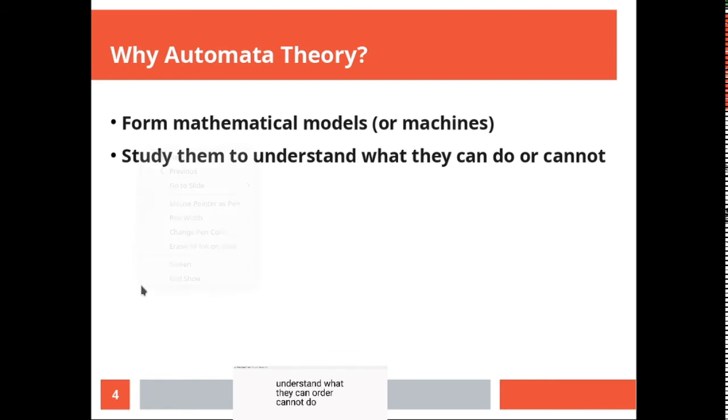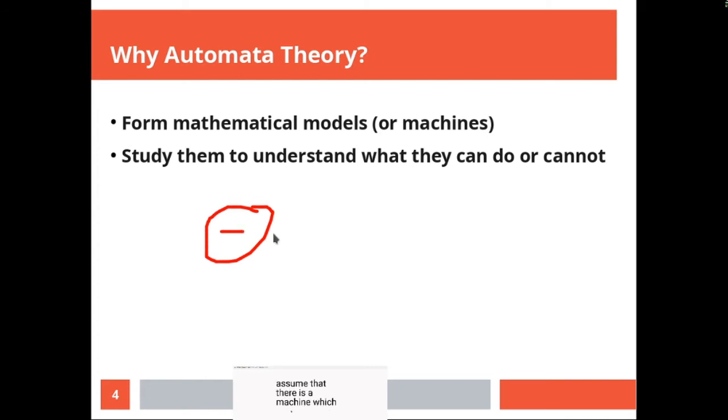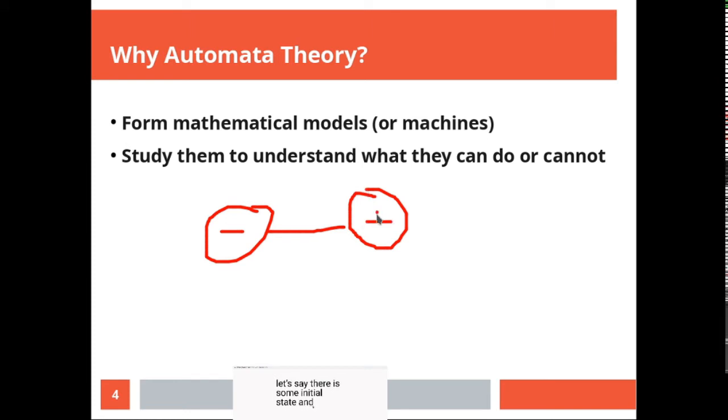Let me give you an example. Suppose I have a machine like this. Let's assume a machine which I am representing with circles, and let's say there is some initial state, marked with a minus. Now there has to be some language which this machine accepts. If there is a language, then there has to be a certain set of letters or symbols that this machine will accept, like the 26 letters that form the English alphabet.